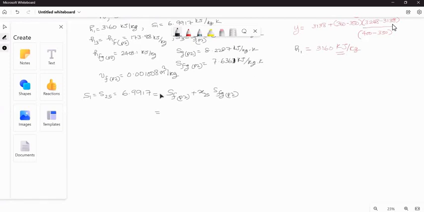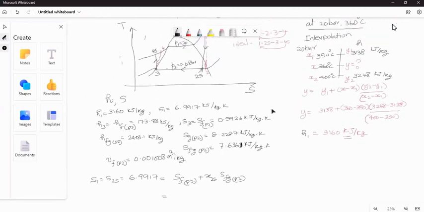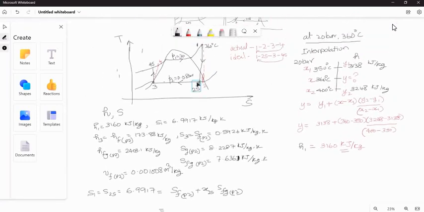Now you can see the question, why I write this equation like this. I will show you from the diagram. Now S2S, this ideal cycle, right? Ideal cycle is here. Then you have to put in this dryness fraction, because the dryness fraction is in this area only.